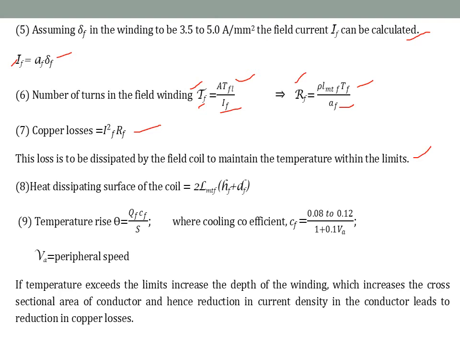So the heat dissipating surface of the coil is equal to 2 LMTF into HF plus DF. So temperature rise theta is equal to QF CF divided by S, where CF is the cooling coefficient. So you can find out the temperature rise by substituting CF here, where VA is the peripheral velocity.